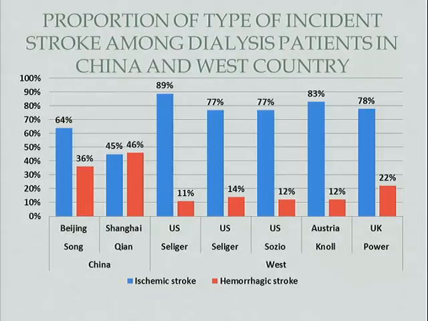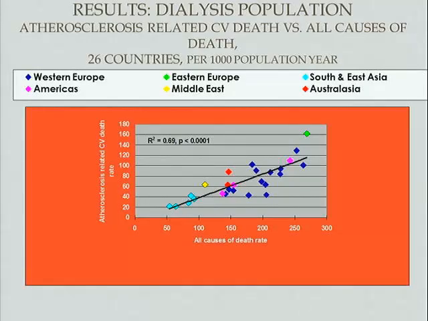So we have big differences in the stroke incidence, which obviously relate to ethnic and possibly genetic differences.